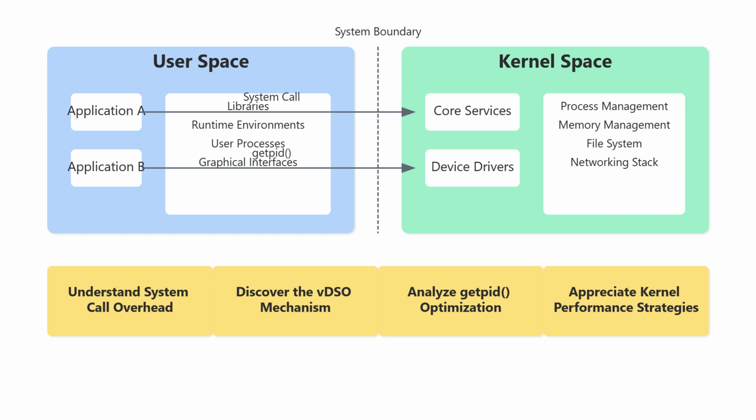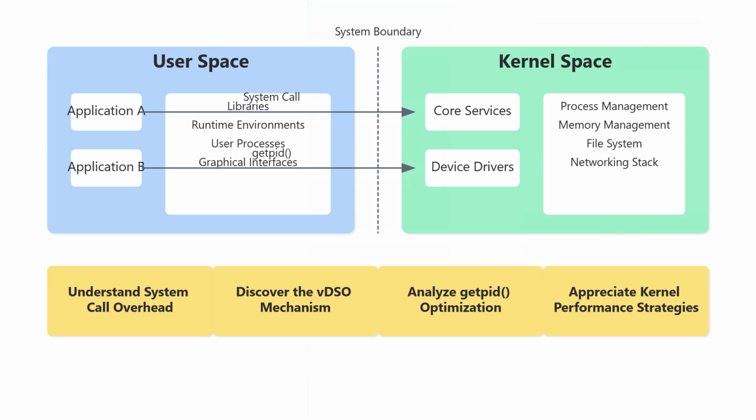By the end of this lesson, you'll not only grasp the concept of system call overhead, but also discover the ingenious VDSO mechanism. We'll specifically analyze how getpid leverages this for optimization, and ultimately you'll appreciate the sophisticated strategies the kernel employs to keep things running blazingly fast.